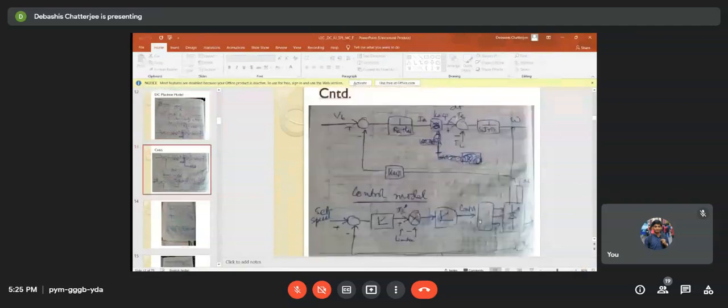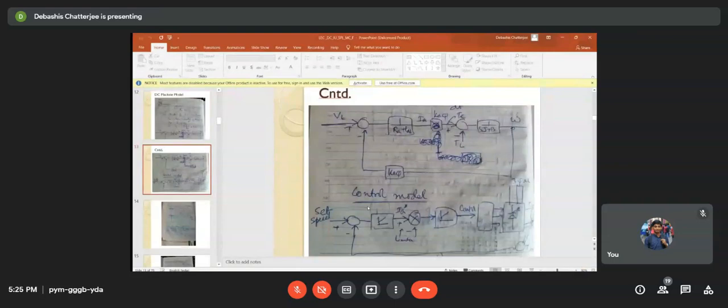So 1 by (JS plus B) gives you omega, all in the Laplace domain, of course. This will be capital. I have written it as small, since various literatures have it so, but normally you will find capital. So this is omega(S). Now omega into K phi will give you EB. So this is the model for the DC machine.